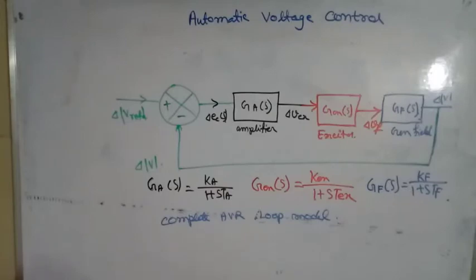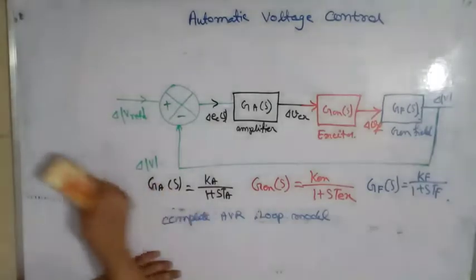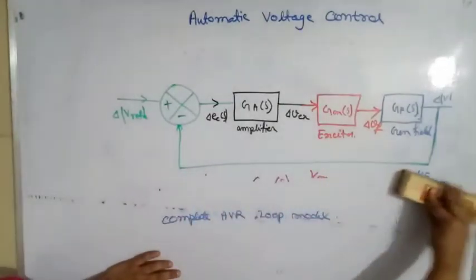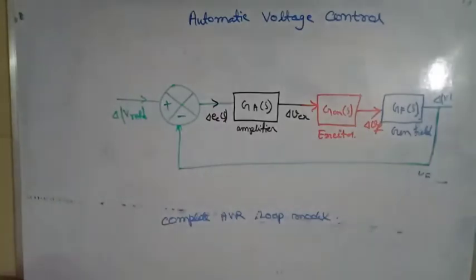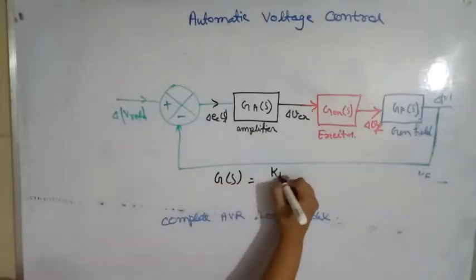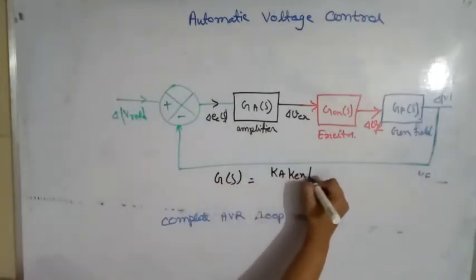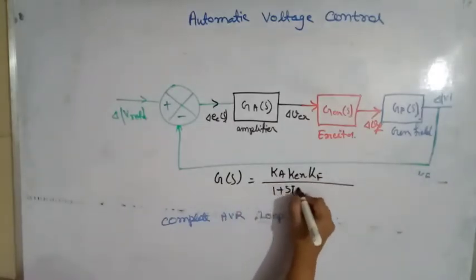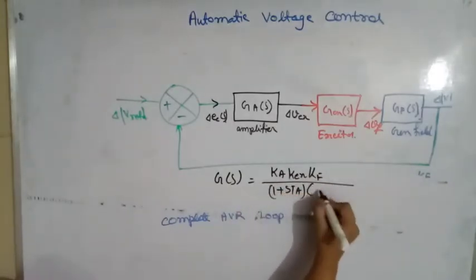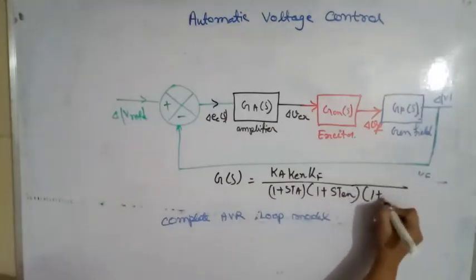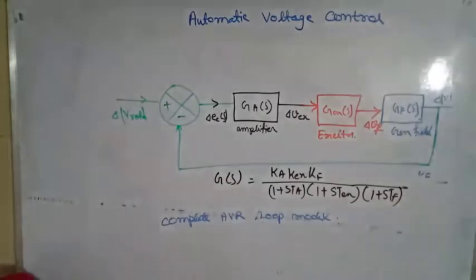Next we draw the condensed form of it. So what is the overall transfer function? G(s) equals KA KEX KF divided by (1 plus s TA)(1 plus s TX)(1 plus s TF).